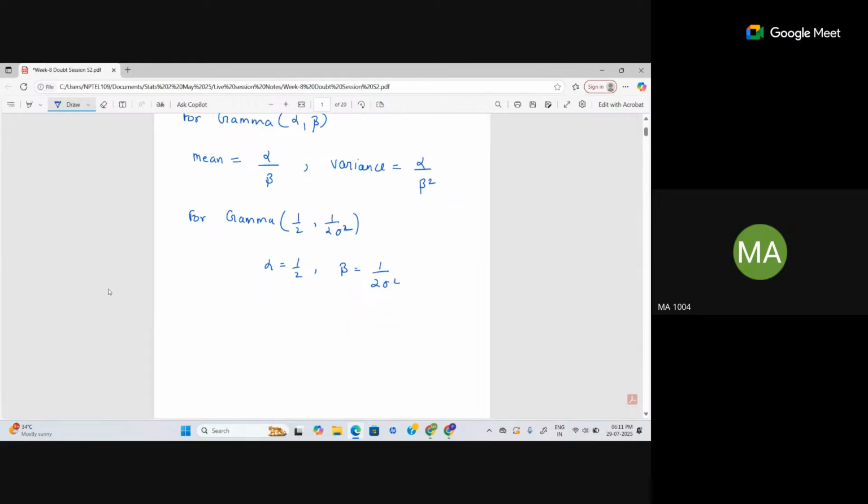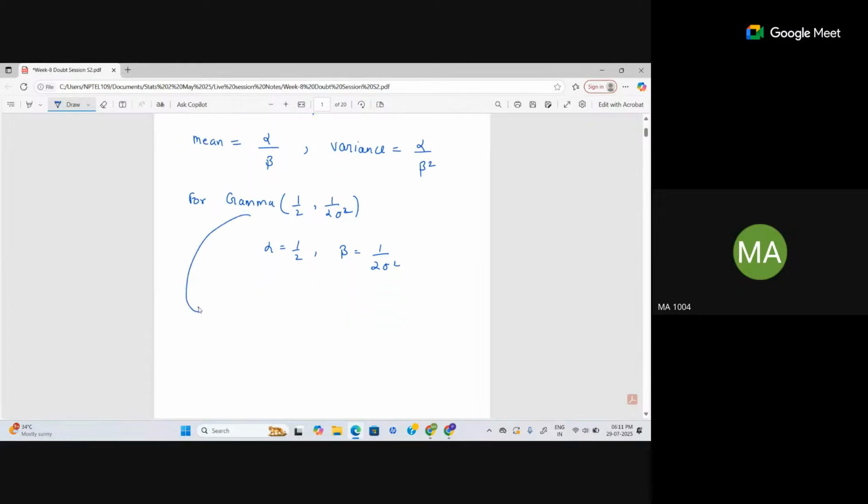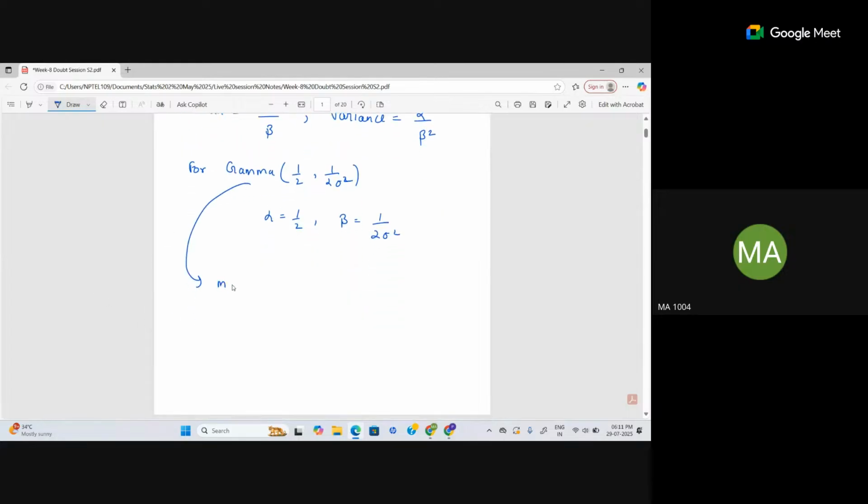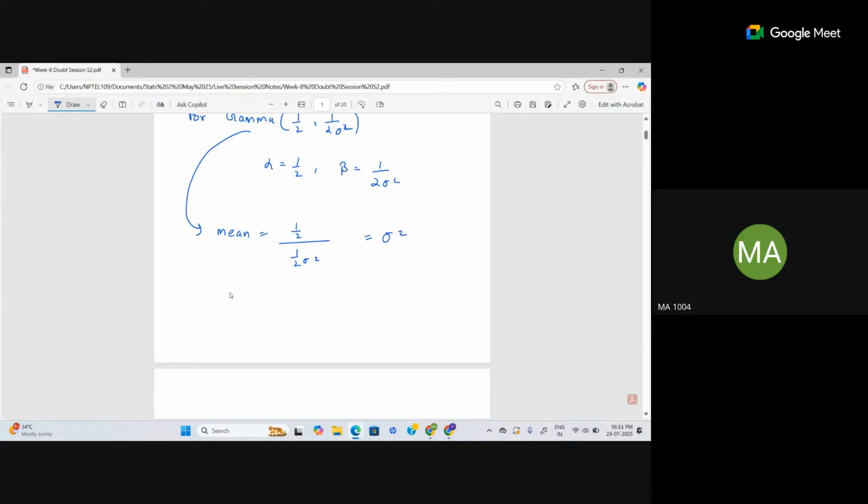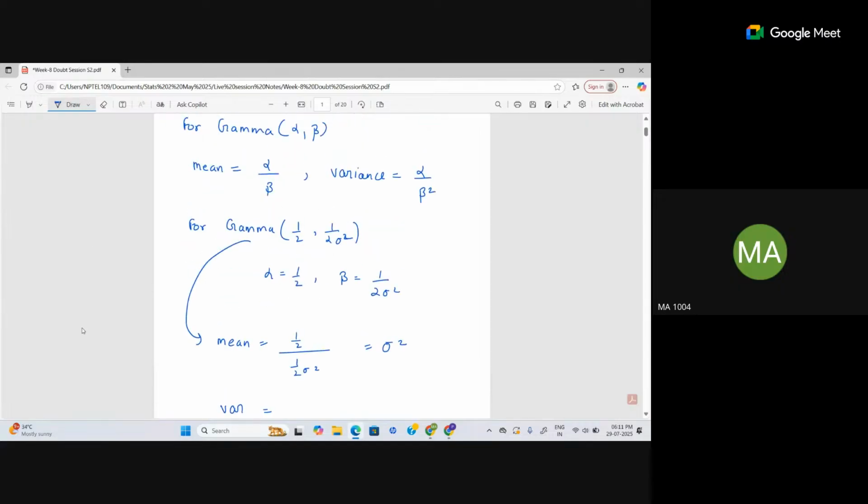Now we can calculate the mean for this distribution. The mean will be 1 by 2 divided by 1 by 2 sigma square, so ultimately this value will be sigma square, right? And the variance is alpha by beta square.